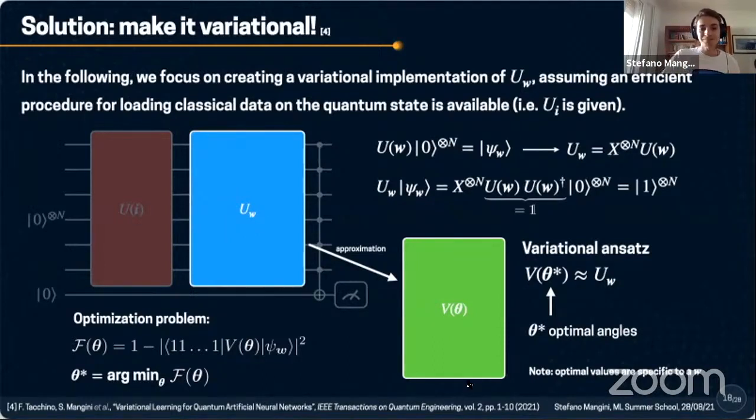In particular, notice that the blue gate depends on a specific weight vector. So in the following, we fix a weight vector and try to specifically approximate that unitary. If you change the weight vector inside the blue gate, of course, you will need to perform the training again, so we need to change also the green gate.